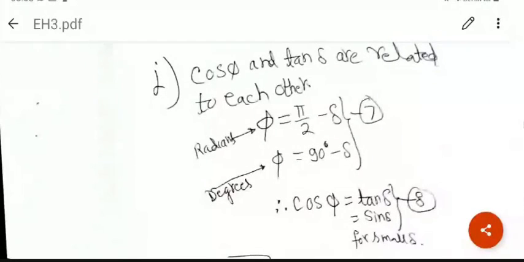Phi equal to pi by 2 minus delta in radians, or 90 degrees minus delta in degrees. And generally, delta is not very large for most practical materials. So tan delta and sin delta are almost equal to each other. So cos phi can be written as sin delta, which is approximately equal to tan delta. That's why this equation has been written.